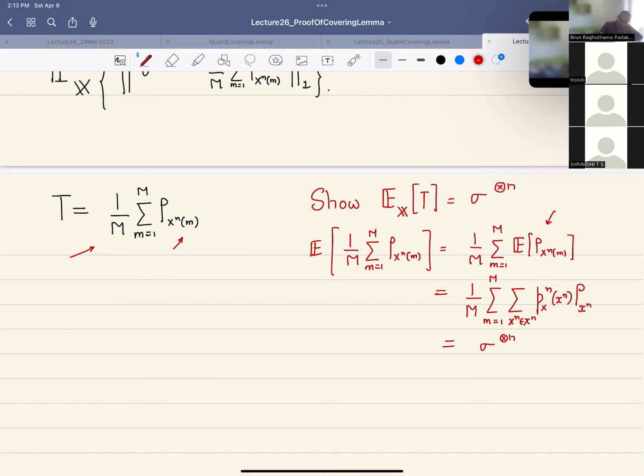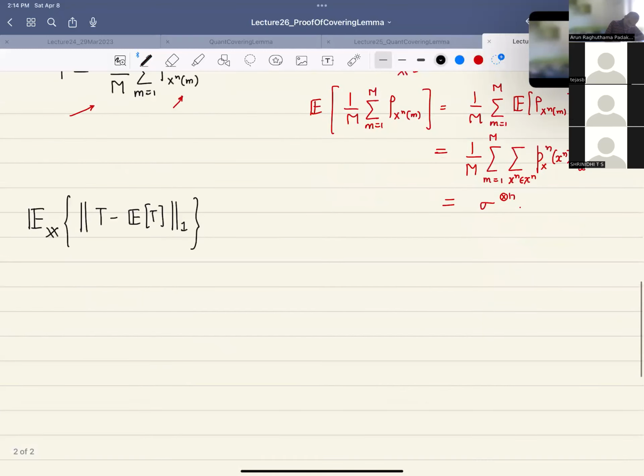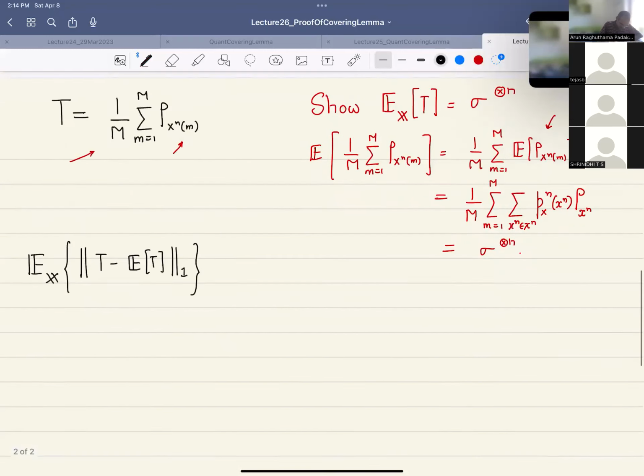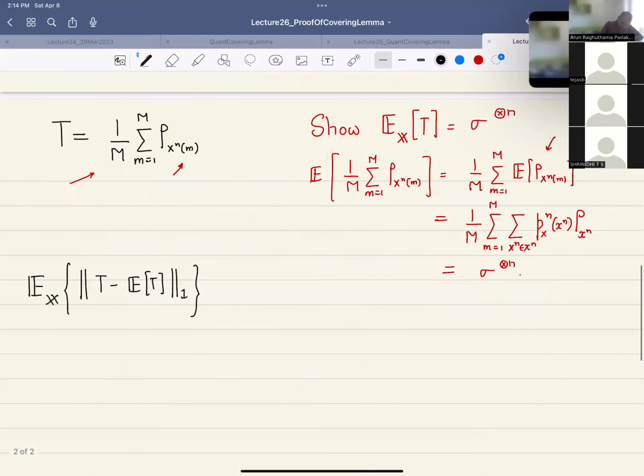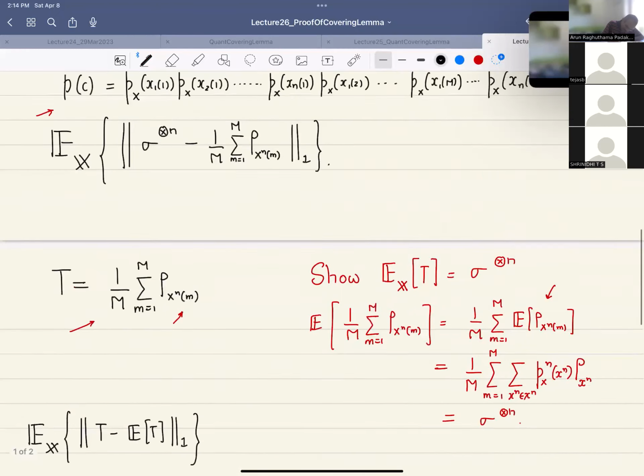That's all, really. What we are really looking at is the expected value of T minus expected value of T, where T is the object at the top. I'm going to define T1 as some other beast.